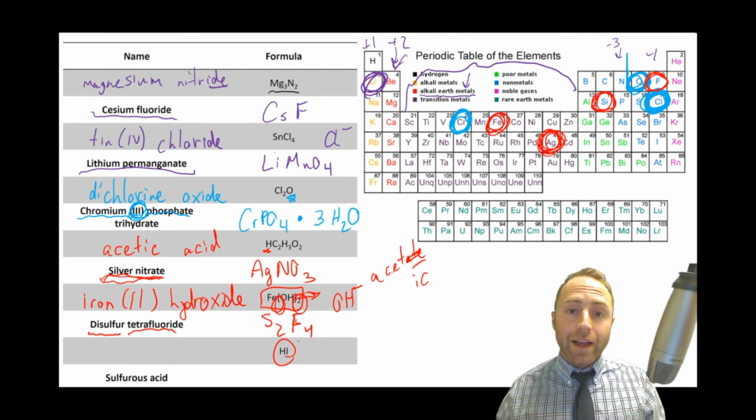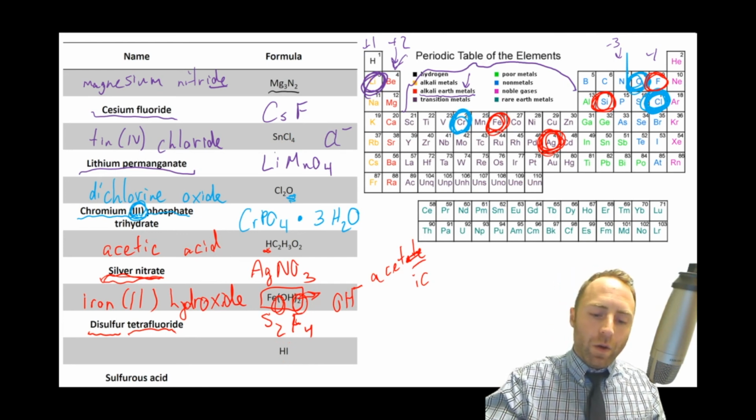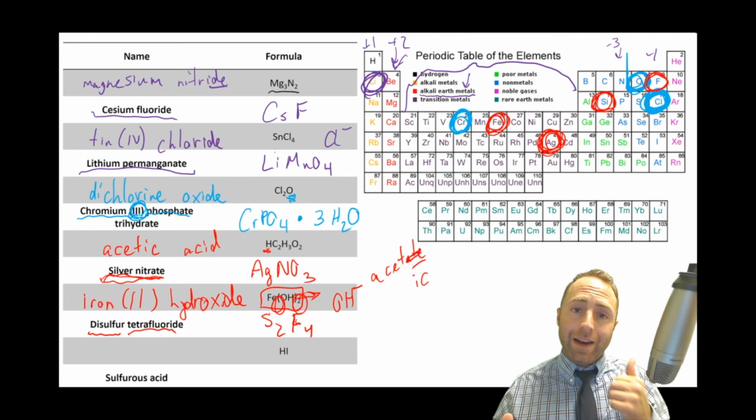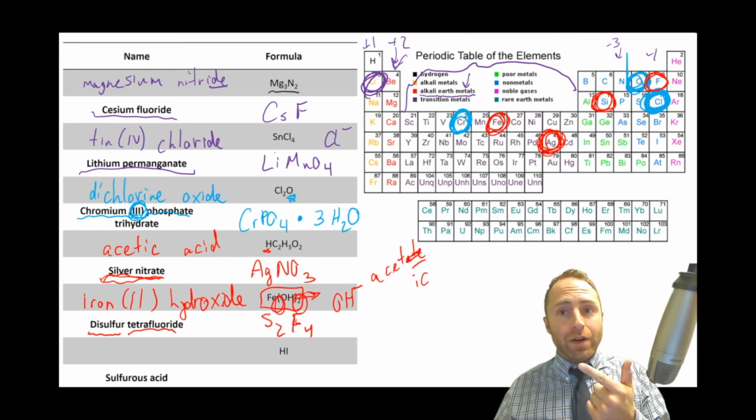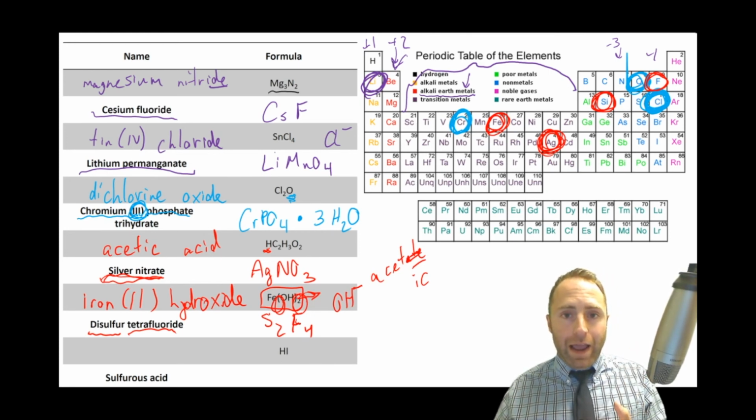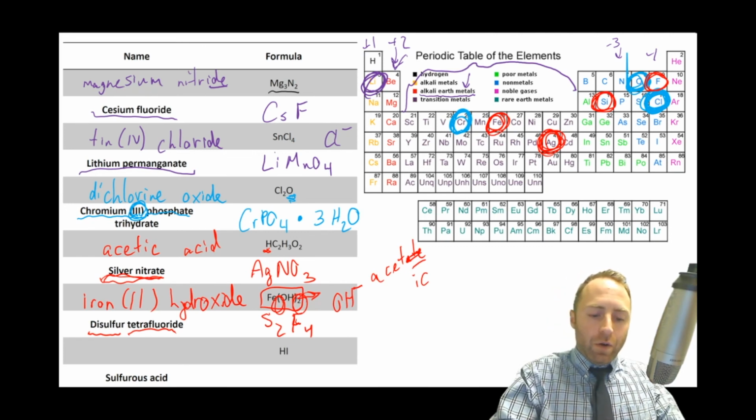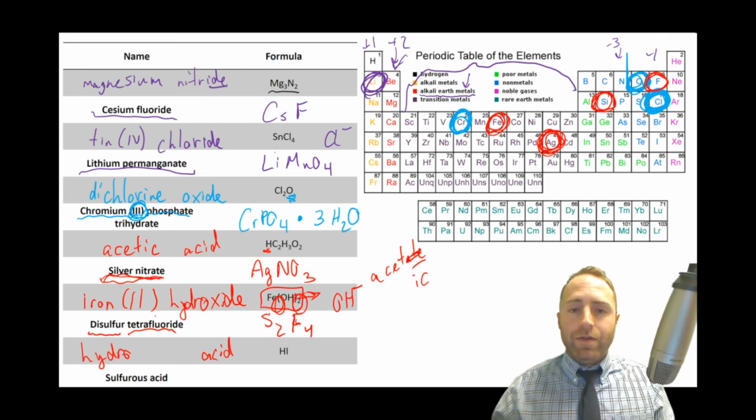Nice. Next one, HI. Hi. That's an acid. Why? It starts with H. What kind of acid is it? Well, it's only got 2 species, an H and an I. So that is a binary acid. Binary acids have a specific naming structure. We're going to have acid there for sure, and we're also going to have to use the hydro prefix.